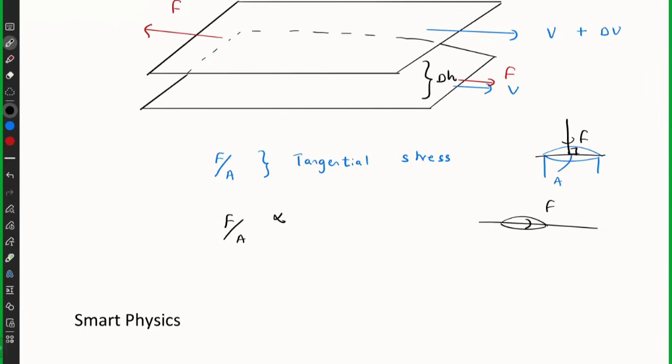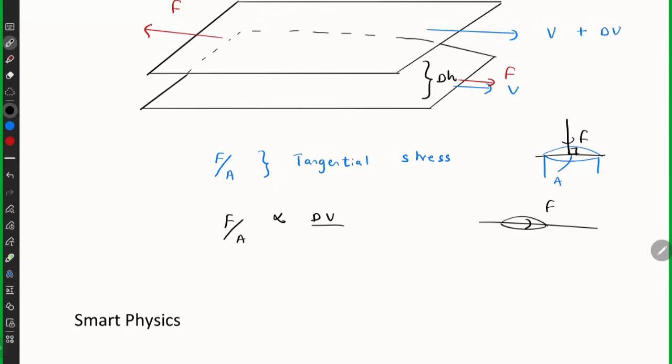What's the velocity gradient? V plus delta V minus V is the velocity difference, right? V plus delta V is the top velocity. And at the bottom layer, we have velocity of V. Then tell me, what's the velocity difference? Delta V, exactly. Then what's the velocity gradient?